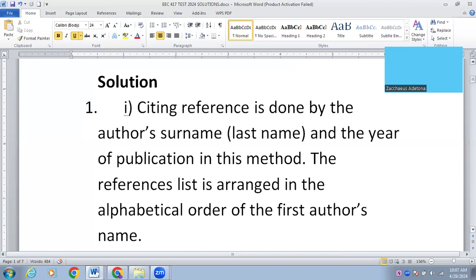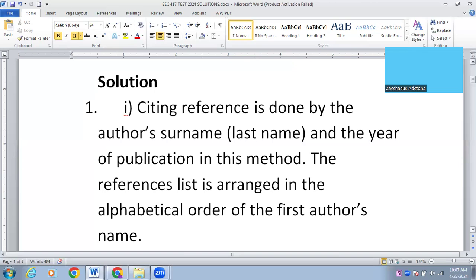Now, for the APA style of citation, there is no difference between the many literature items such as a book, a journal, an edited book, or a conference paper. We use the author's surname and the year of publication only.